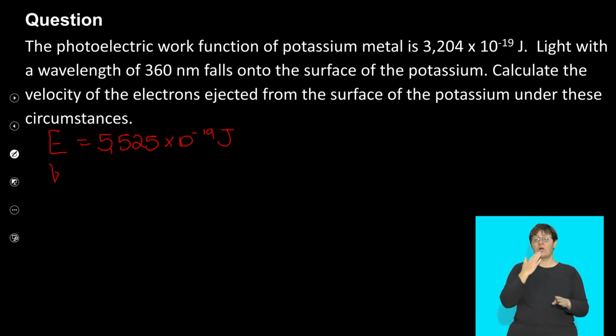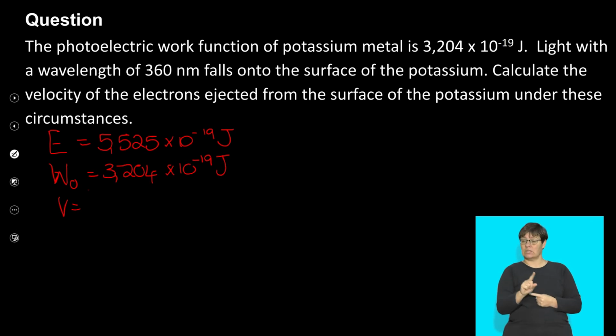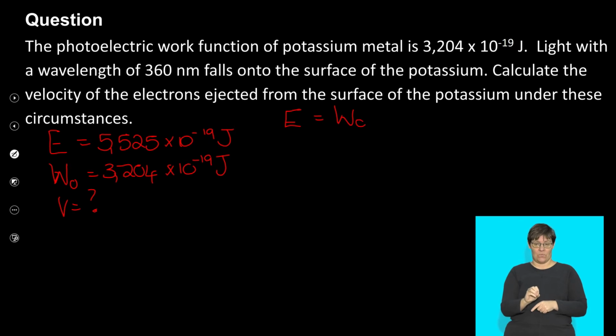We know that the work function is 3.204 times 10 to the minus 19 joules, and they want the velocity. Well, they've actually made our lives a lot easier because E equals W0 plus EK max.